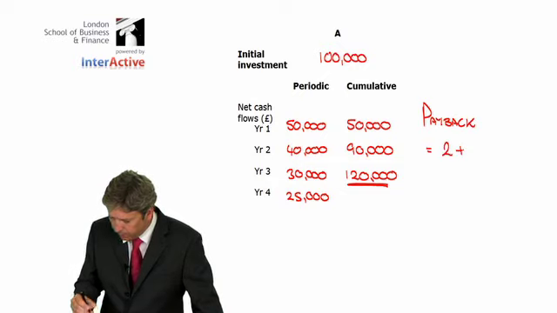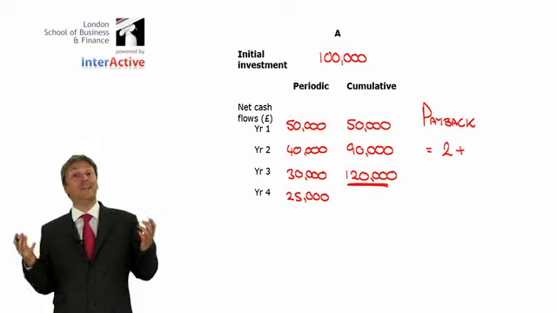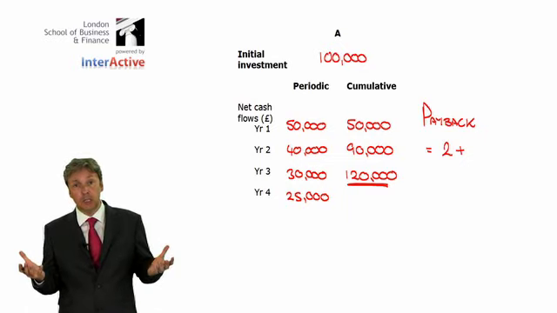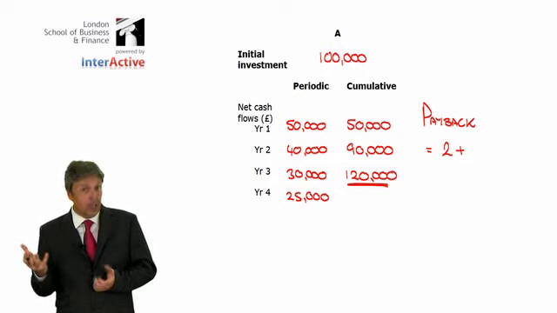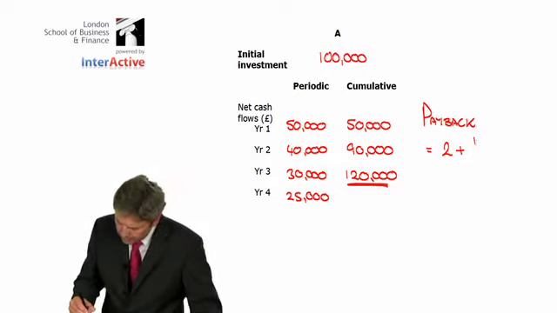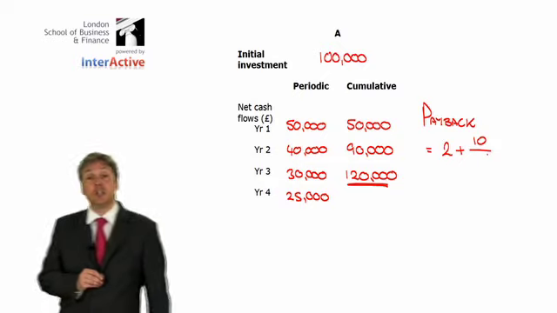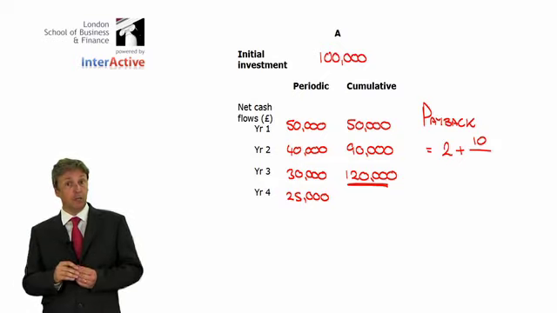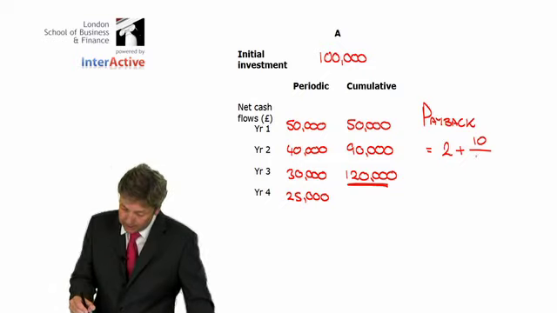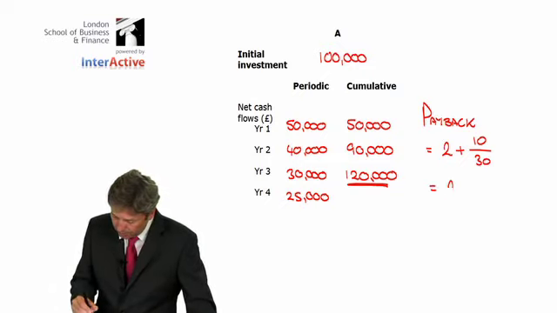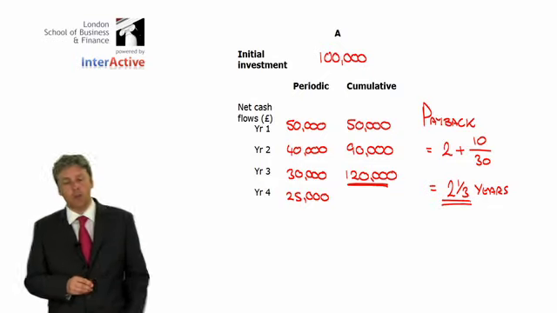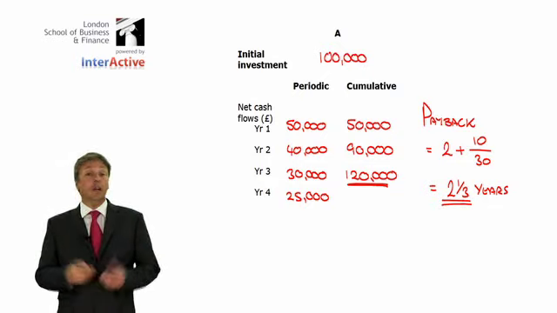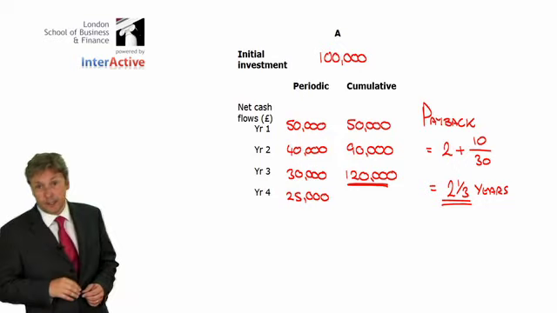It's going to be 2 full years, plus how much did we need to pay back in the third year? The difference between the 90,000 paid back at the end of the second year and the 100,000 that we needed. And how much in total was paid back during the third year? Well, yes, 30,000. So what we end up with is 2 1/3 years. 2 1/3 years. Now, my question to you is that good or bad?